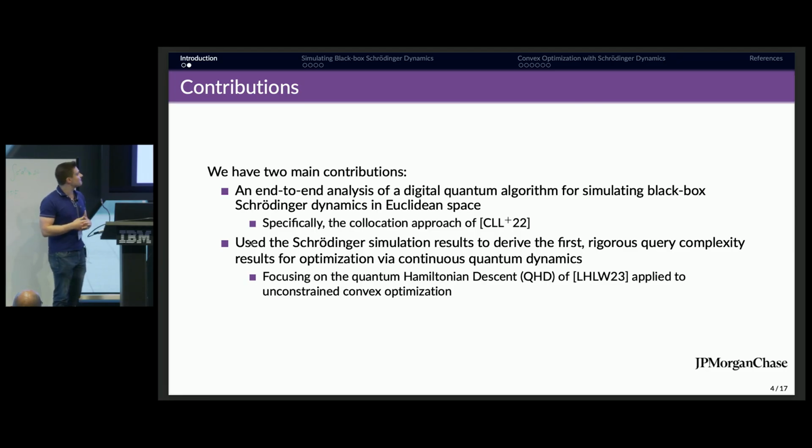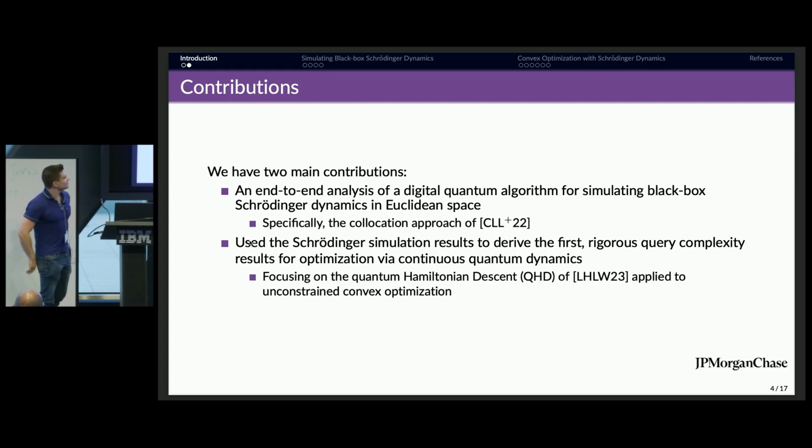So we need to make sure, first, that this simulation algorithm can work in arbitrary dimensions, so d, the number of spatial dimensions, needs to be able to go to infinity or be very, very large. We want a better understanding of this algorithm and an end-to-end complexity, such as spatial resources in terms of qubits, and also to bound some other terms that were potentially unbounded in their paper, because you want to actually provide a rigorous speedup.